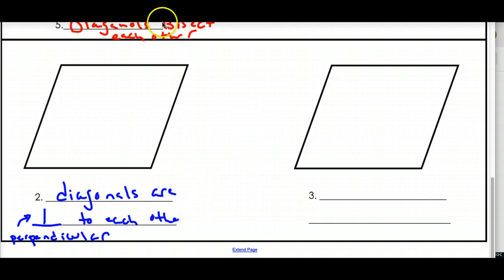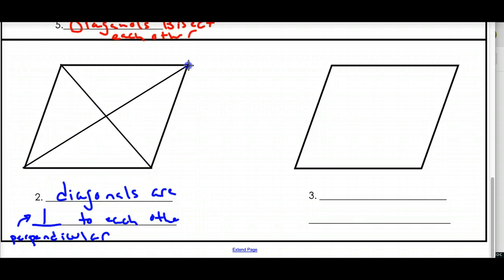That would help us out a little bit. So we have our diagonals, and in a rhombus, the diagonals form 90-degree angles. So every angle in the middle over here, this angle, and this angle, and this angle, and this angle are all 90 degrees. So they intersect to make 90-degree angles, just like so.